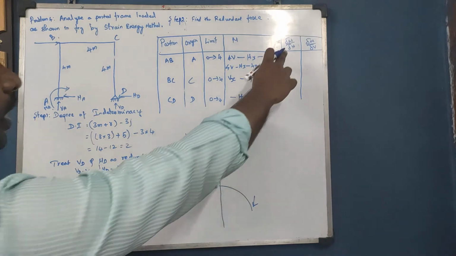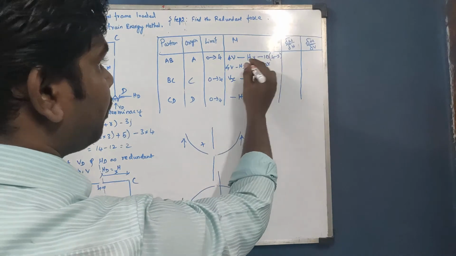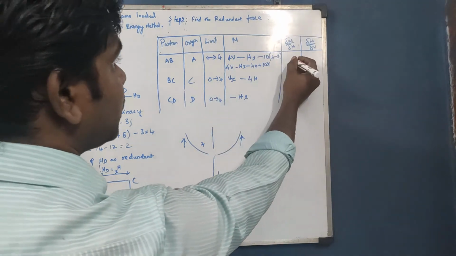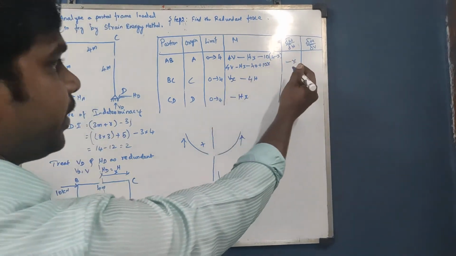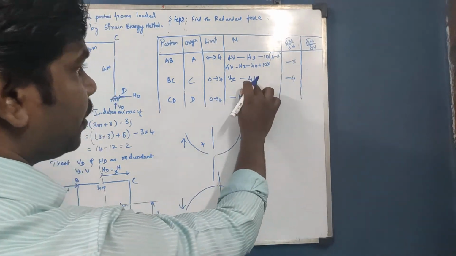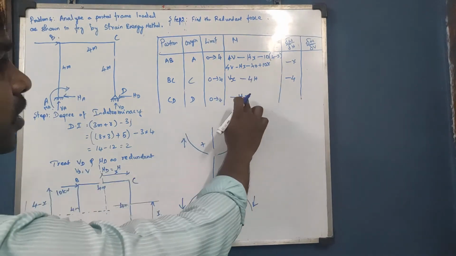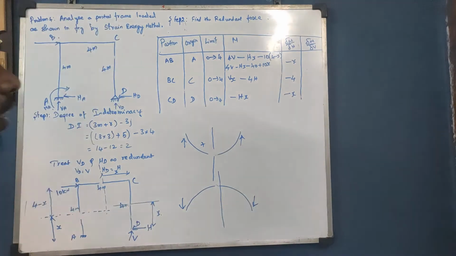So let's differentiate the moment with respect to H. It is minus X. Here it is minus 4H, differentiated, minus 4, and here minus X.